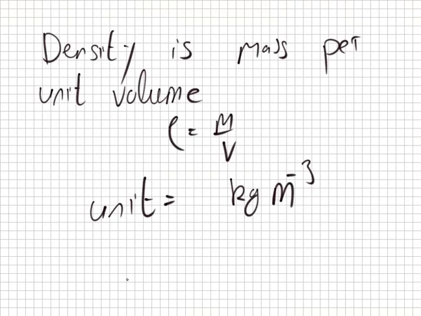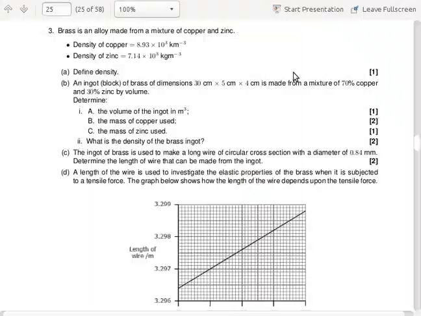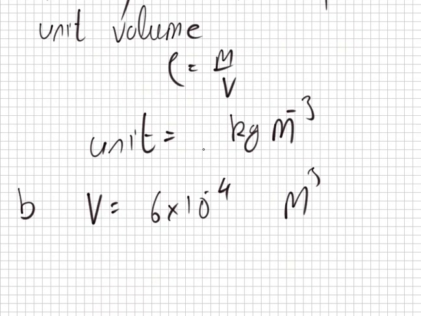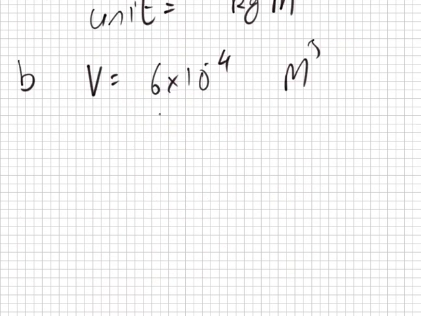Okay, so this is A, this is B. What did you get for the volume? 6 times 10 to the -4 meters cubed. Great. Now, it's 70% copper and 30% zinc by volume. So we'll multiply this by 70%, and then multiply it by 30%.